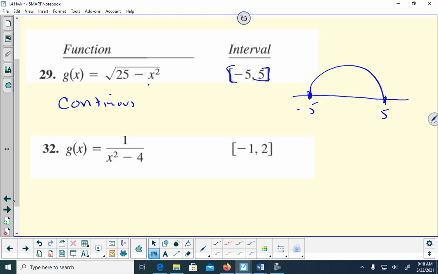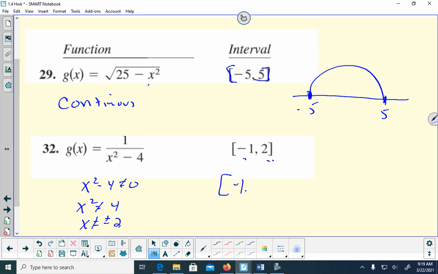The next one says discuss the continuity on the interval [-1, 2]. So I would say x squared minus 4 cannot equal 0, going back to the way we used to do things. So x squared cannot equal 4, so x cannot equal ±2. -2 is not a problem because -2 is not in this interval, but 2 is in this interval. So it's not continuous over this interval.